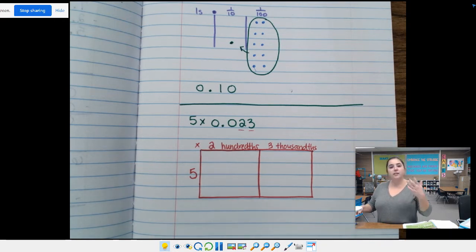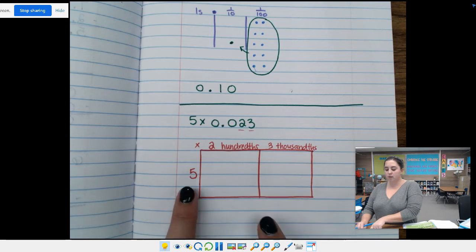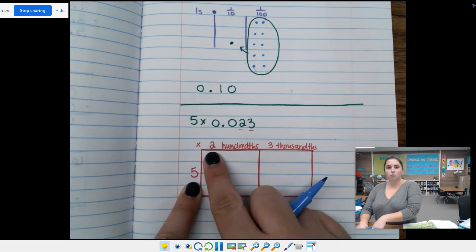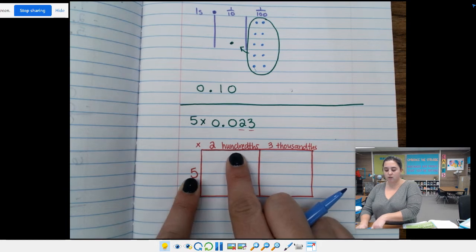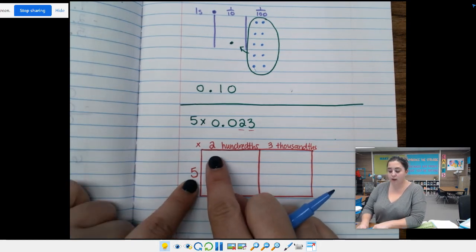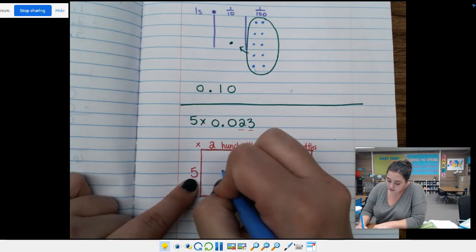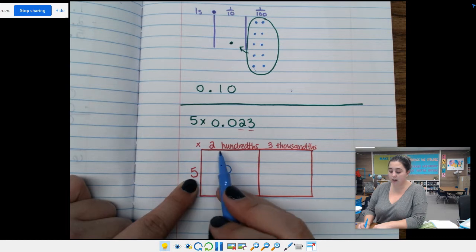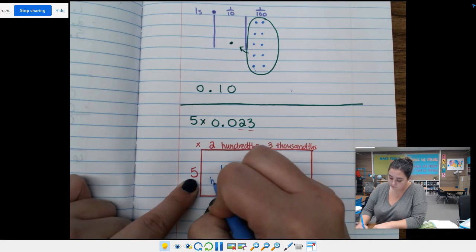All right, now we're actually going to do the multiplication. So first let's do our 5 times our 2 hundredths. 5 times 2 hundredths. Well, I know 5 times 2 is 10. So our answer must be 10 hundredths.